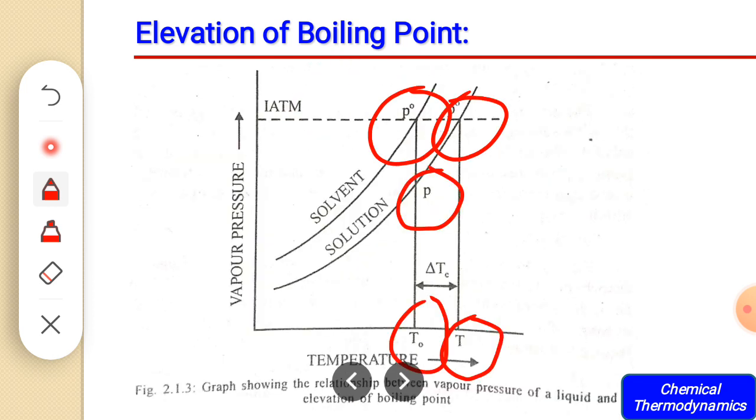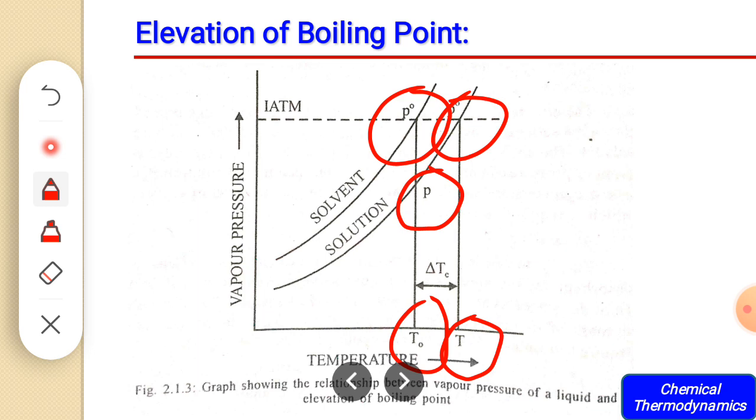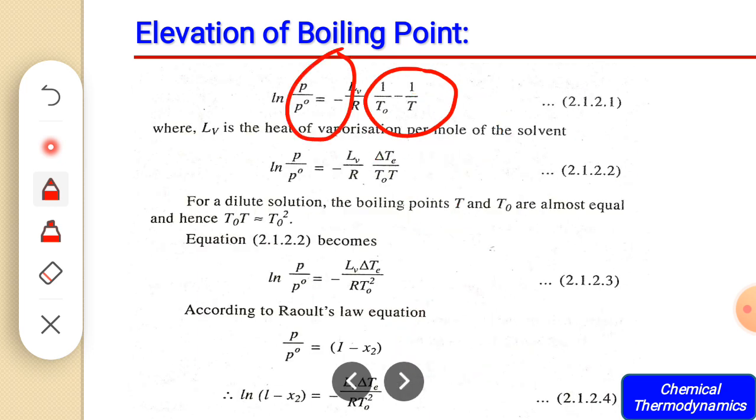So suppose P is the higher pressure, corresponding to temperature T for the solution, and P0 is the pressure corresponding to temperature T0. After making the cross multiplication, it will be T minus T0, and this T minus T0 will become delta Tb.